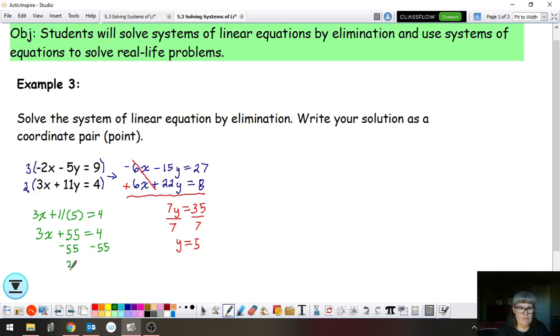And we now have 3x equals negative 51. Divide both sides by 3. And we have x equals negative 17. So let's check to see if our solution of negative 17, 5 is accurate.